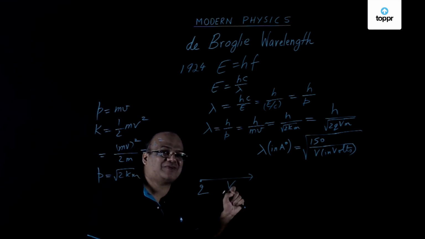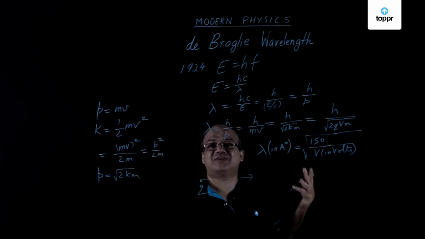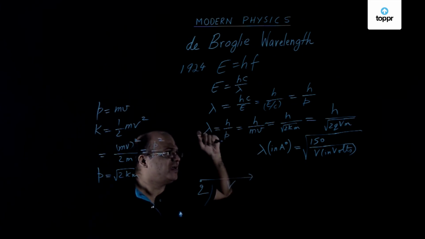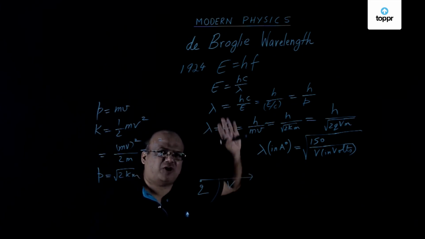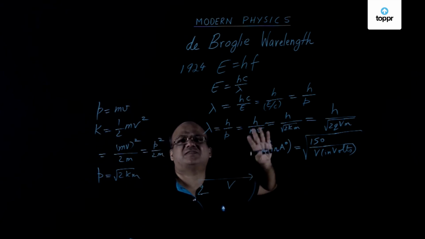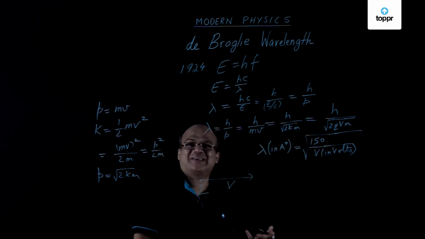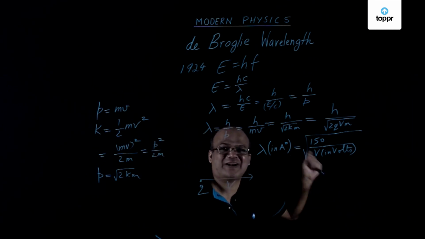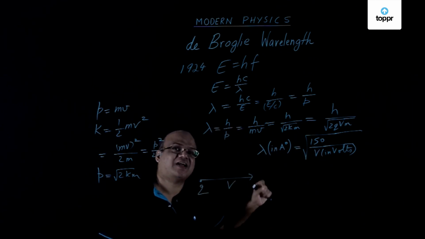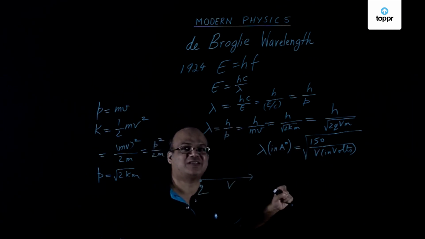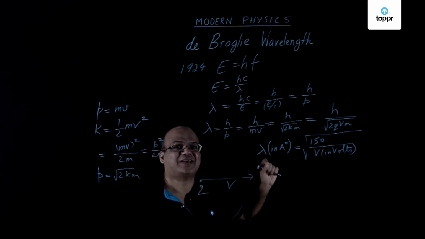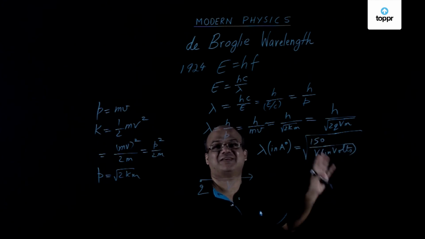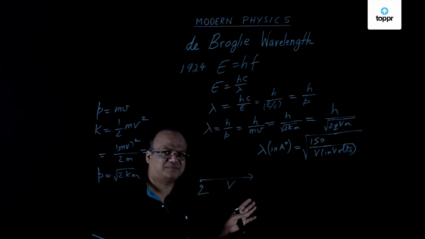In fact, the electron microscope uses the wave nature of electrons. For large objects, the wave nature is not significant. People have not done interference experiments with cats, dogs, human beings. But for particles like electrons, iodine molecules, fullerenes, the wave nature can be shown. People have done interference experiments with these particles.